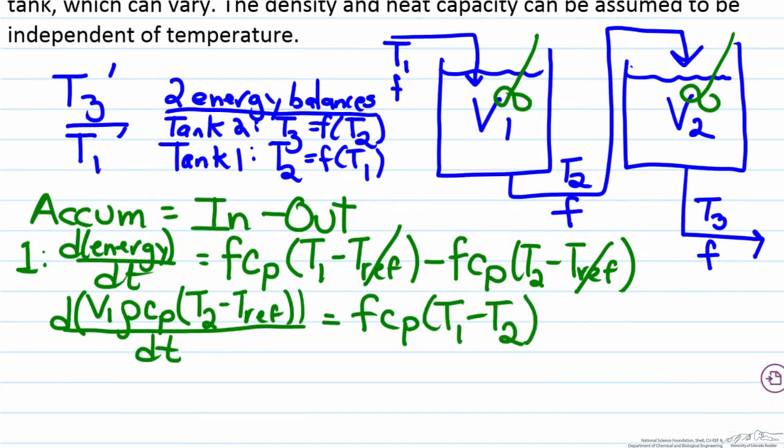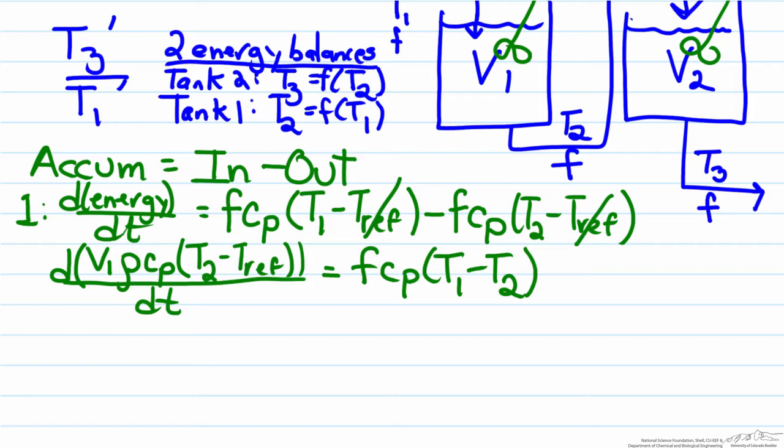We can simplify this a little bit more by factoring out the constants, which in this case would be the volume of the fluid inside the tank, rho, and the heat capacity. And we can also take advantage of the fact that since T reference, or reference temperature, is a constant, its derivative will be 0.